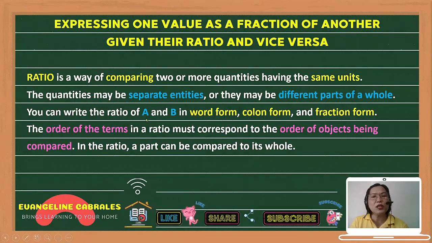Kapag sinulat mo siya, dahil ang A ay nagre-represent ng apples, apples ang dapat mauuna. At kasunod niya ang oranges because it is represented by B. Yun ang ibig sabihin nitong sentence na the order of the terms in a ratio must correspond to the order of objects being compared. And in the ratio, a part can be compared to its whole. Sa ratio daw, ang isang bahagi ay maaaring ikumpara sa kanyang kabuuan. Yun ang ibig sabihin noon.